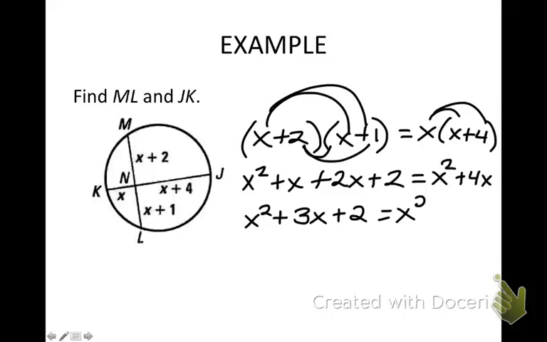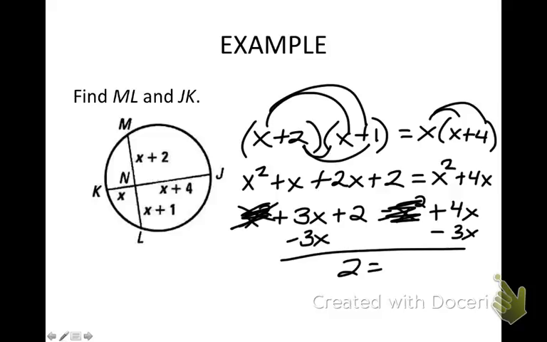So I'm going to bring that down. All right, now we've got an equation. What happens to your x squareds? They cancel out. That's nice. Then subtract your 3x over. So then we get 2 is equal to x.